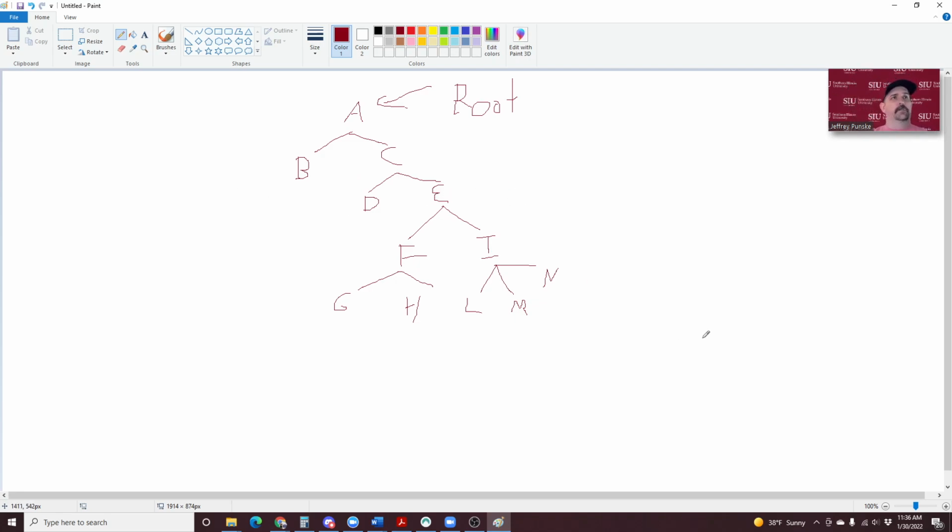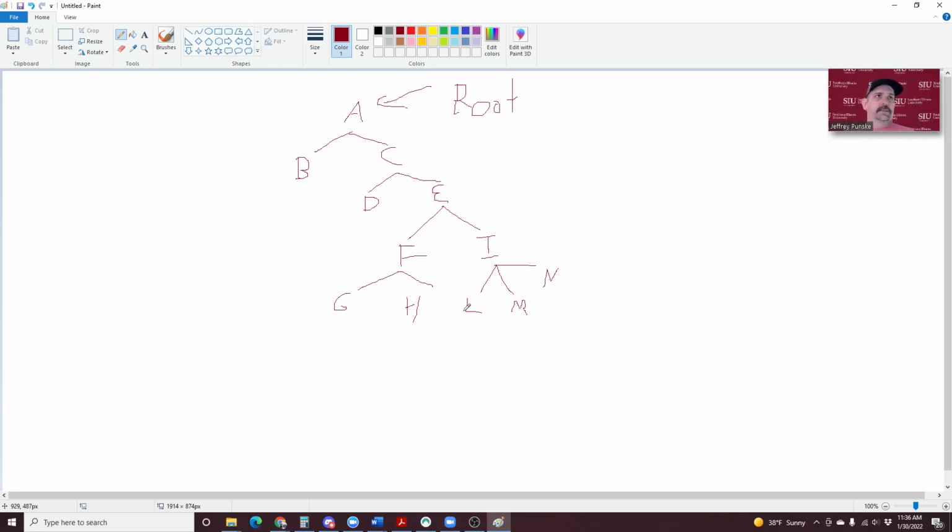That is our root node. All of these other nodes, so nodes like B, D, G, H, L, M, and N, those are all our terminal nodes, and nodes like A, C, E, F, and I are non-terminal nodes. And then the lines themselves are our branches.